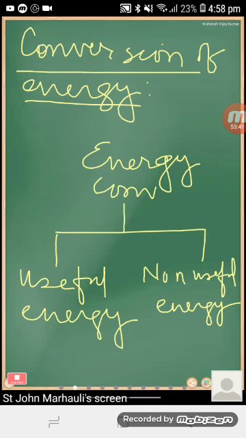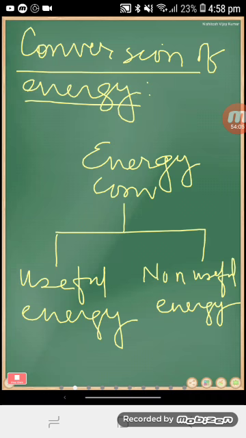So electrical energy is getting converted into mechanical energy, heat energy, and sound energy because you also hear some sound. Now, the purpose of the fan is to get kinetic energy. So kinetic energy happens to be the useful energy, whereas heat energy and sound energy are the non-useful energy.